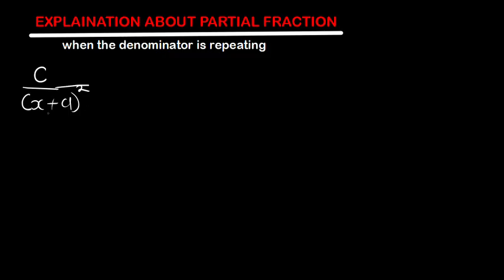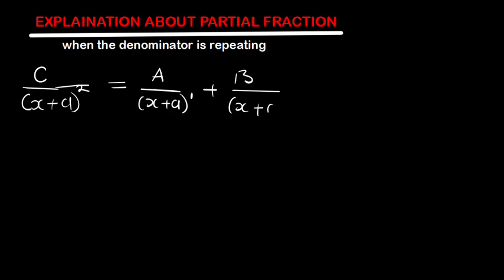Since the denominator here is repeating twice, the way I'll answer this type of question is I'll start with a over x plus a to the power 1, plus b over x plus a to the power 2. So that is how you answer this type of question.